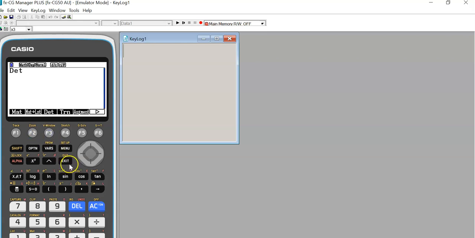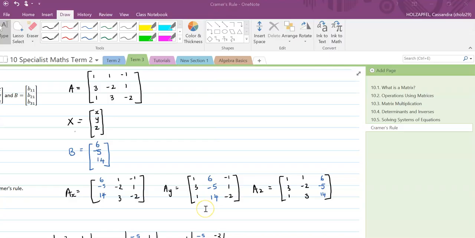Really simple. So Option, then MatVect, and then determinant. From there, we can type up our matrix. This matrix here, Ay, is the matrix that I'm going to need to put into my calculator now.